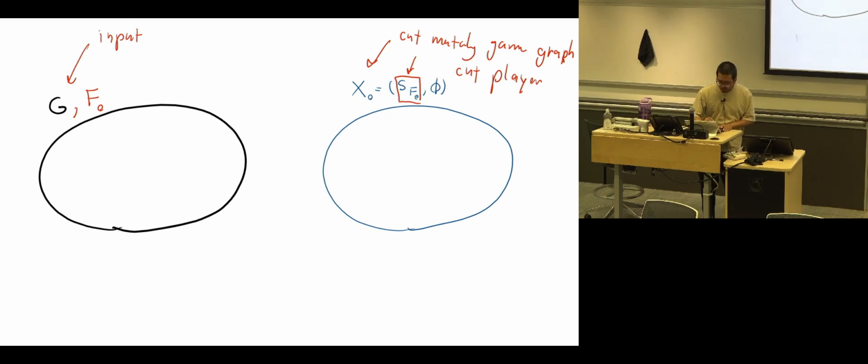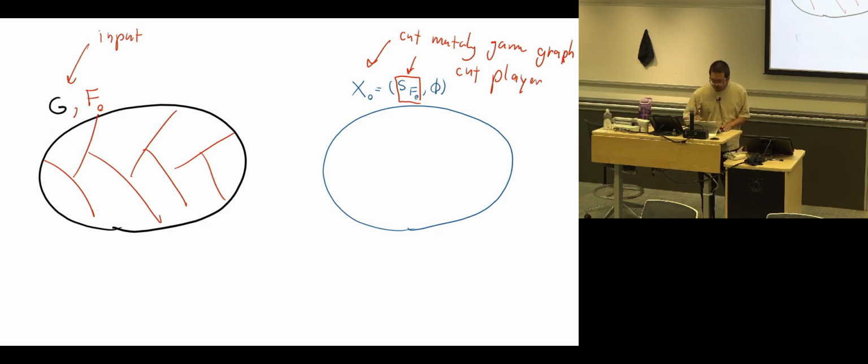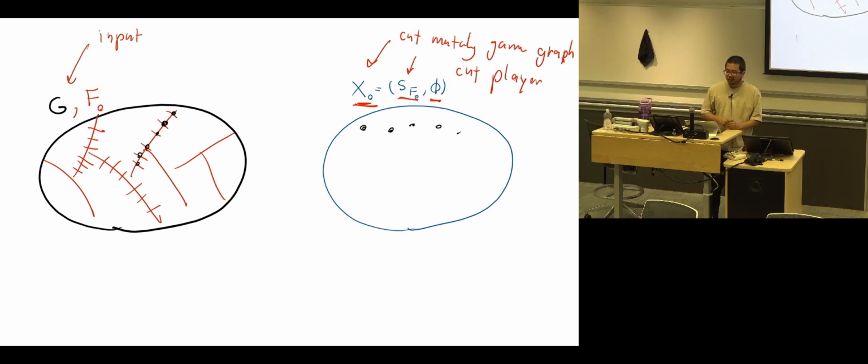Let's say it might look like something like this. Then our graph X here is just an empty graph, but the vertex set is the split node for each edge in F naught. For each edge you create a node. That's the vertex set of X naught.